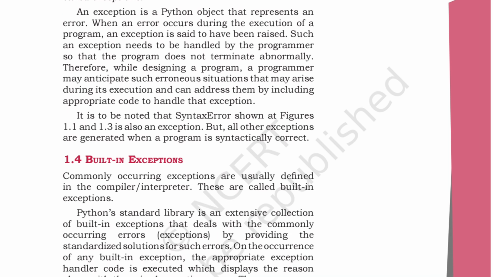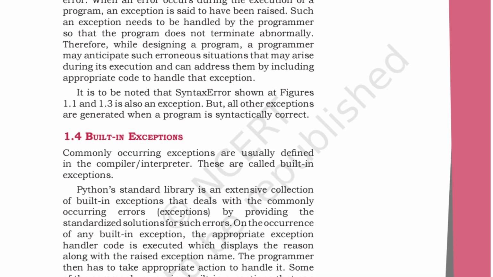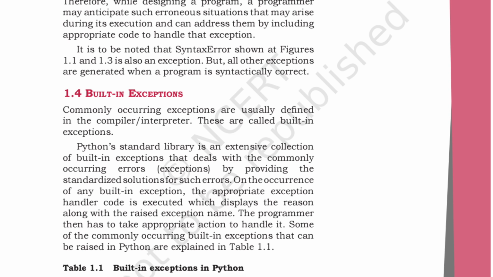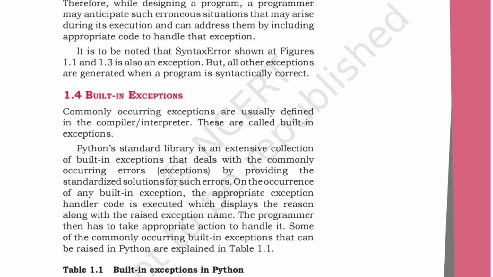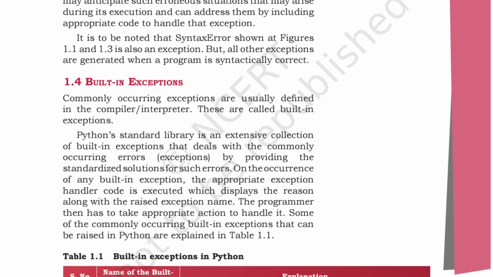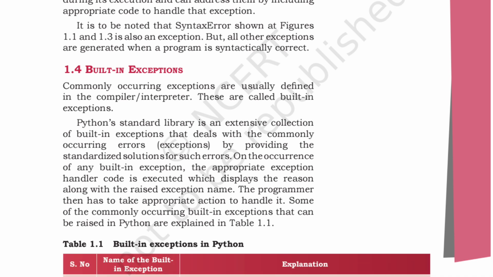Okay, so over here we will see about the built-in exception. What is a built-in exception? That is the compiler, or we can say the interpreter. This is called a built-in exception. The Python standard library is an extensive collection of built-in exceptions that deals with the commonly occurring error exceptions by providing a standardized solution for such errors.